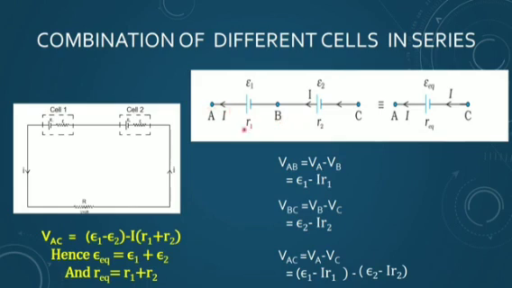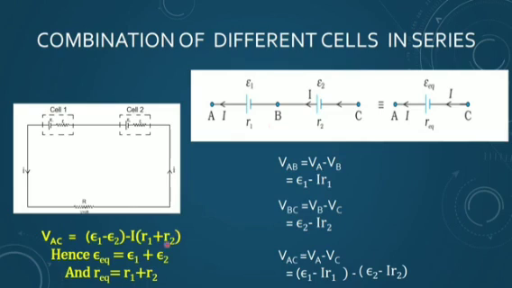Now if I say the internal resistance in the first cell is R1 when EMF is E1, for the second cell it is R2 when EMF is E2, then for the combination I can take the equivalent resistance R equivalent and EMF equivalent. But you have already studied resistances in series. When resistances are in series, then V equals V1 plus V2, we have done.